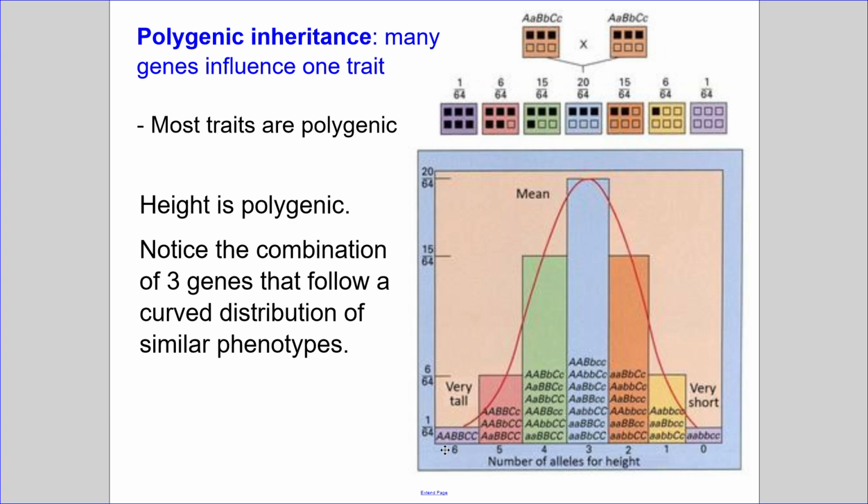So in this case, you're less likely to get all dominant alleles, and you're also less likely to get all short alleles. You'd probably end up in the middle, which is where most people would be. This is why the majority of people are of average height, obviously, and very few of you get the very tall alleles, and very few of you get the very short alleles.